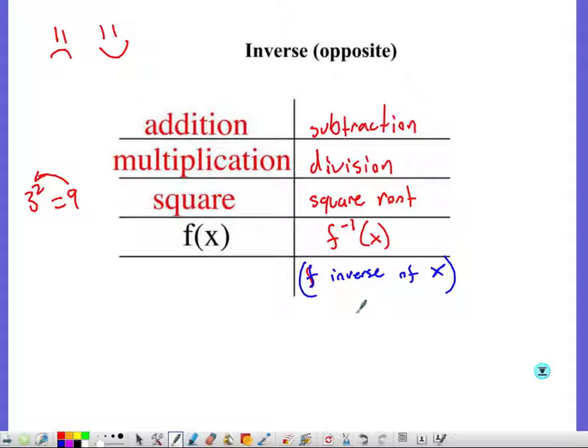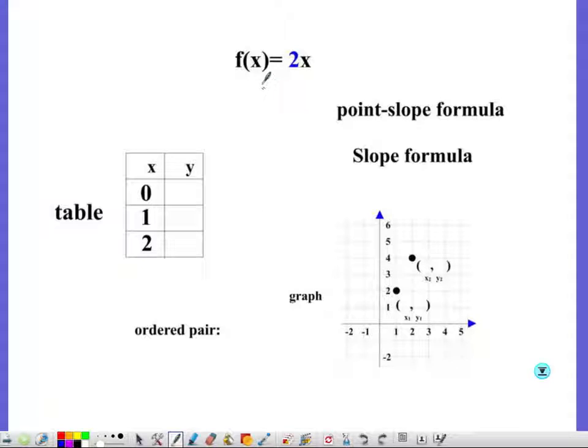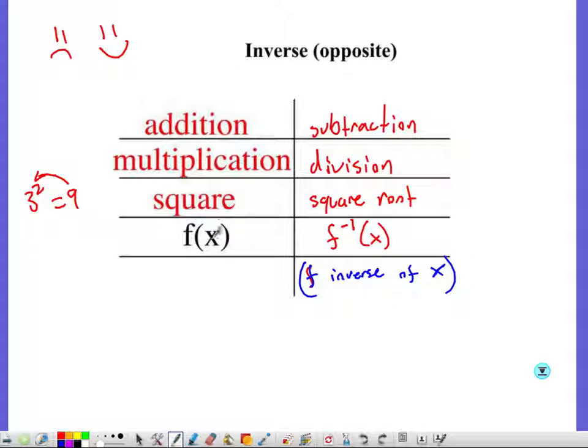Now, if we look back to what functions represent, functions basically represent equations where you have an input and you have an output. So finding the inverse of a function isn't as simple as just writing this right here and then saying you're done.